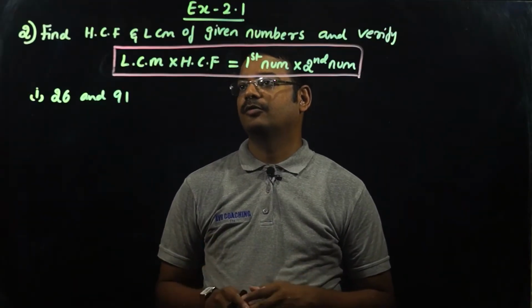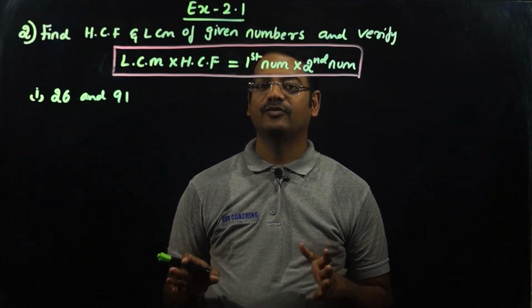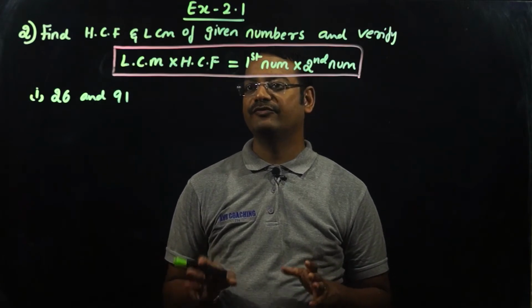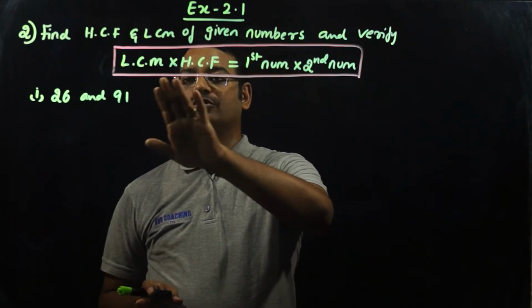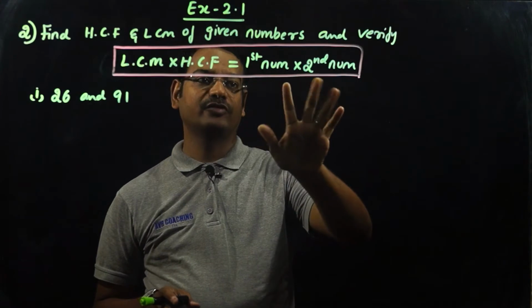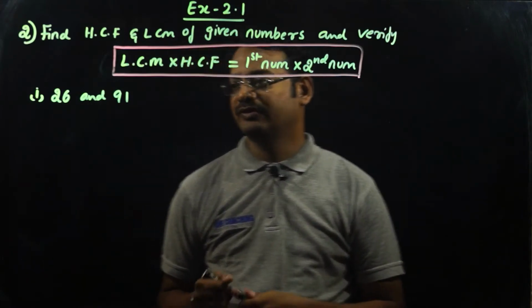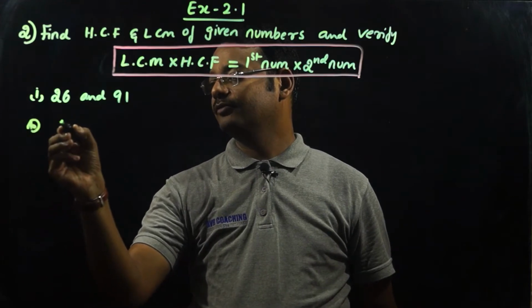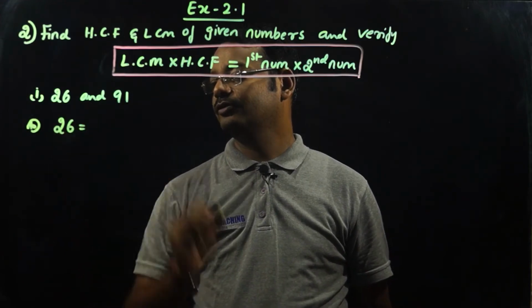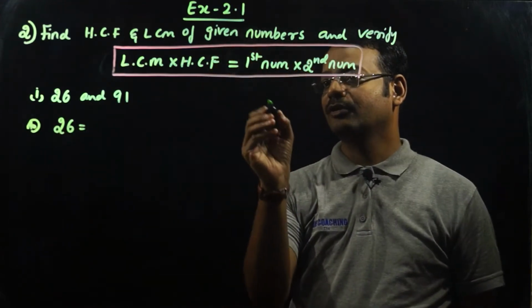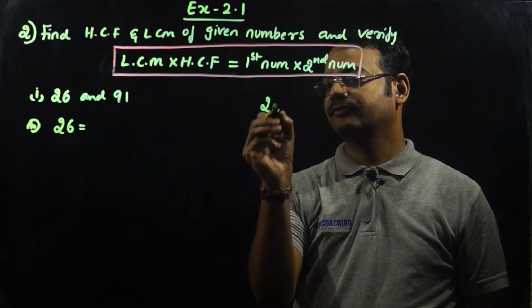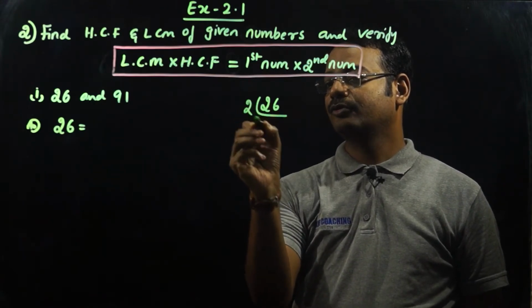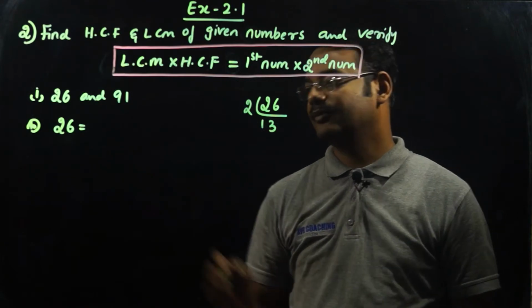In the second problem, we have to find the HCF and LCM of two given numbers and also verify that the product of LCM and HCF is equal to the product of the given numbers. So first we'll find the factors of 26. The factors of 26 are 2 into 13. 13 is a prime number.